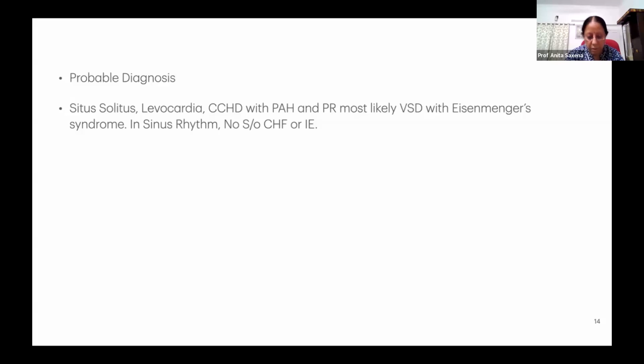Yeah, please. I think first of all, if you ask, double outlet right ventricle with restrictive VSD comes as the first possibility, because the VSD is the obligatory left to right shunt. In double outlet right ventricle, both the great vessels arise from the right ventricle. The left ventricle should empty into the right ventricle, and from there to the aorta or pulmonary artery, both.